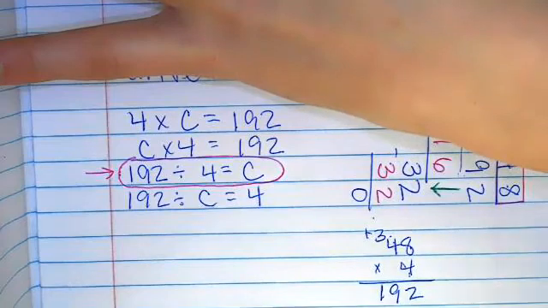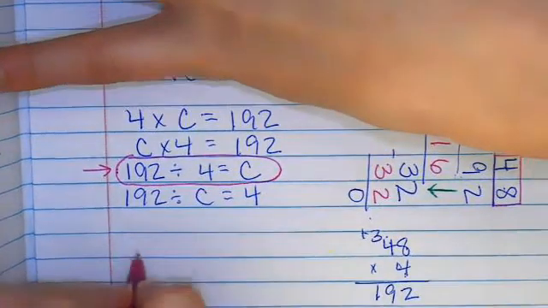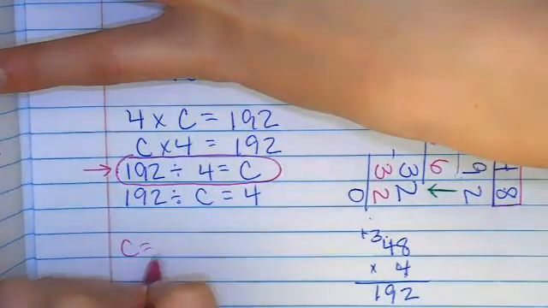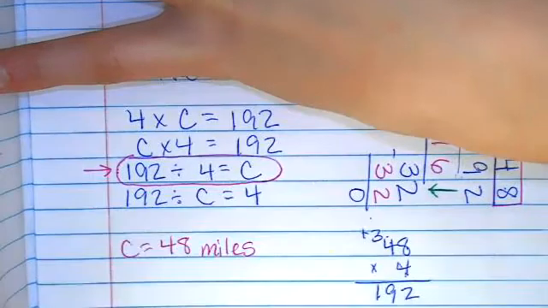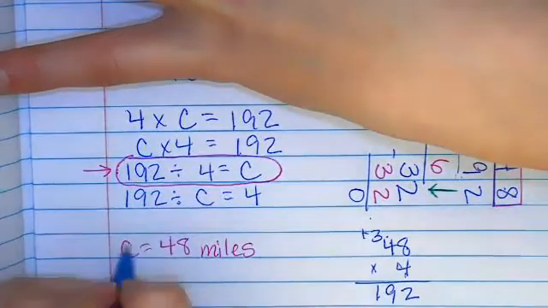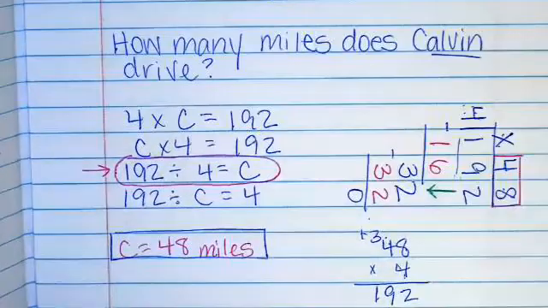I came back to the beginning. So definitely, Calvin drives 48 miles. And there is an example for you on how to use the inverse of multiplication, which is division, to solve a comparison problem.